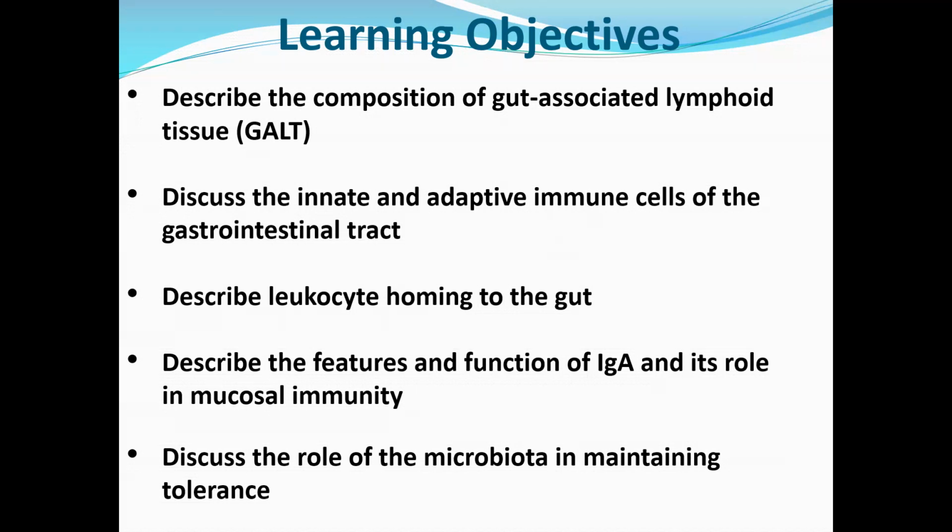And then an important component of regulation, what you call education of this type of immune system, is the microflora, particularly bacteria, in priming and educating the immune system what to react to and what not to react to.